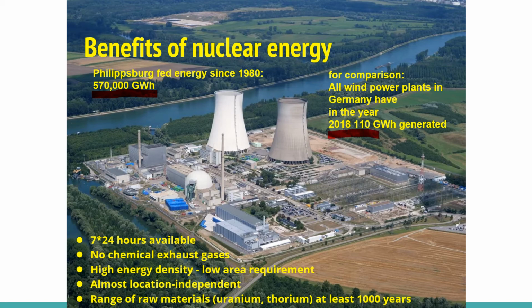German wind power, and 2018 was a good year, and we have many wind power stations, produced only 110 gigawatt hours. No, there should be some more zeros here: 110,000 gigawatt hours. Sorry for that.